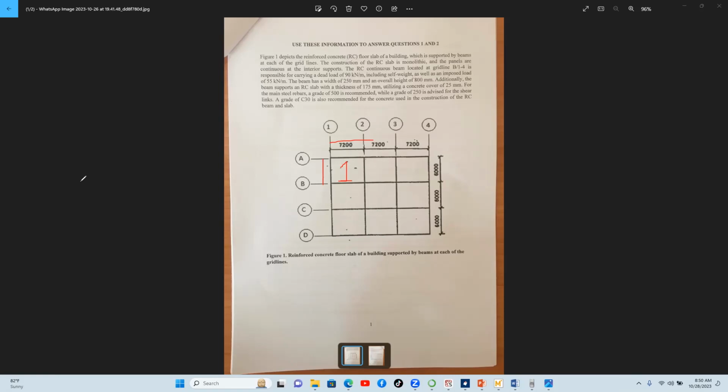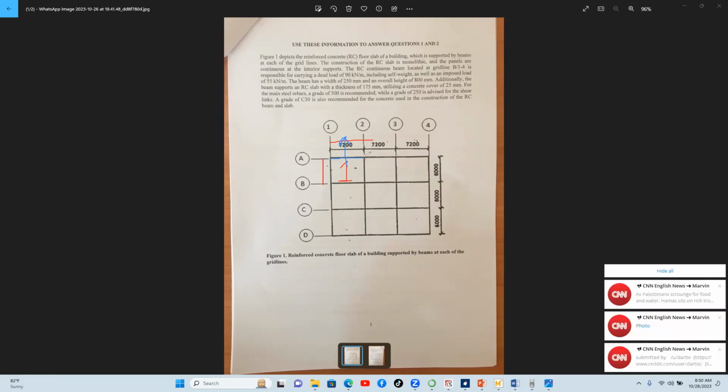So let's try and classify our panel 1. When you jump out from this side, the 7,200 edge, you are getting out from the whole slab formation, and that means this part of the panel is discontinuous. It doesn't lead to another panel.